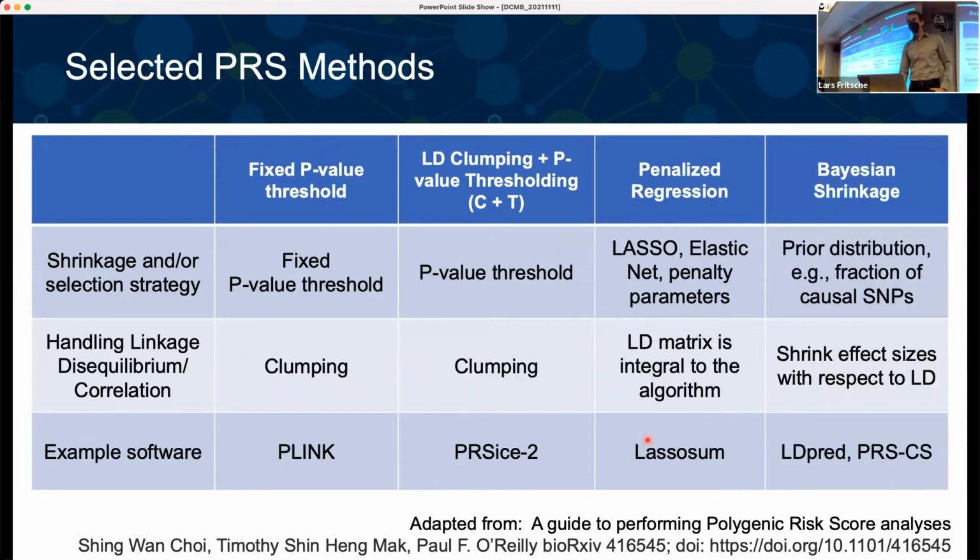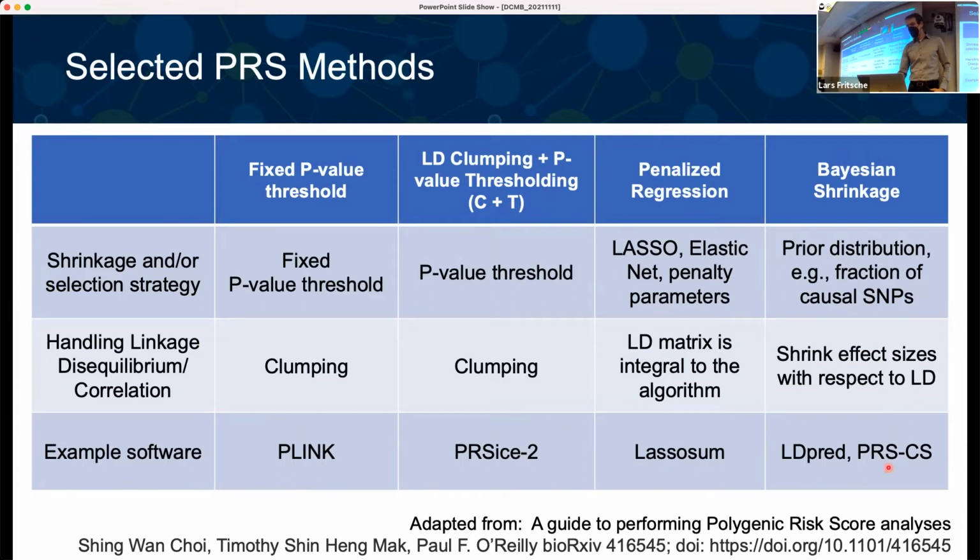or you can use a Bayesian method, where you use some prior information or assumptions. Let's say you assume a certain percentage of variants that contribute, that are causal, and so you model that fraction into a risk score, and also you shrink effect sizes with respect to LD.